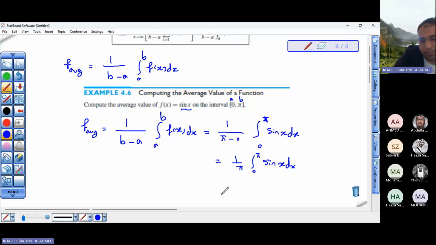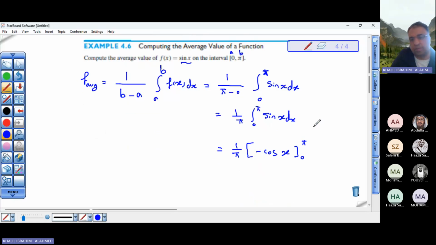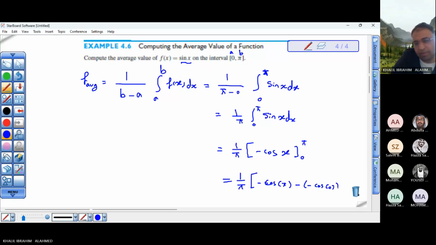This equals 1 over pi, negative cosine x from 0 to pi. Then substitute in the upper minus lower. This equals 1 over pi, negative cosine pi minus negative cosine 0.